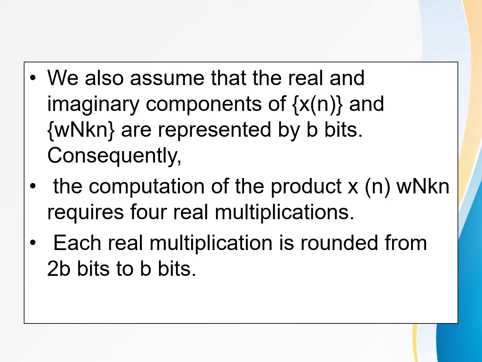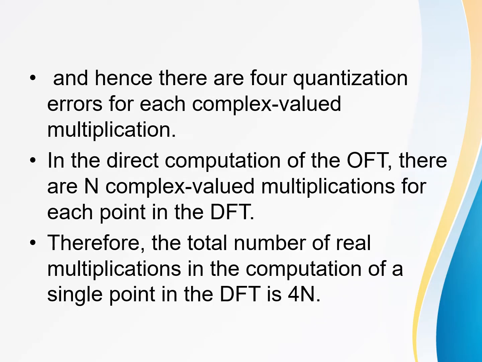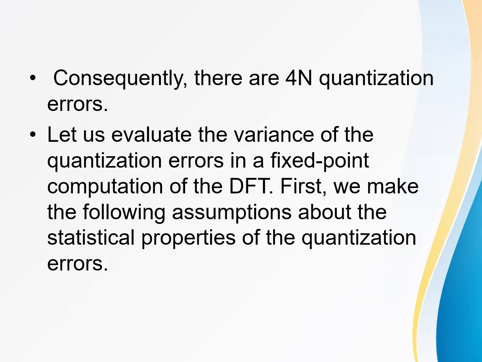Each real multiplication is rounded from 2b bits to b bits, and hence there are 4 quantization errors for each complex valued multiplication. In the direct computation of the DFT, there are N complex valued multiplications for each point in the DFT. Therefore, the total number of real multiplications in the computation of a single point in the DFT is 4N. Consequently, there are 4N quantization errors.